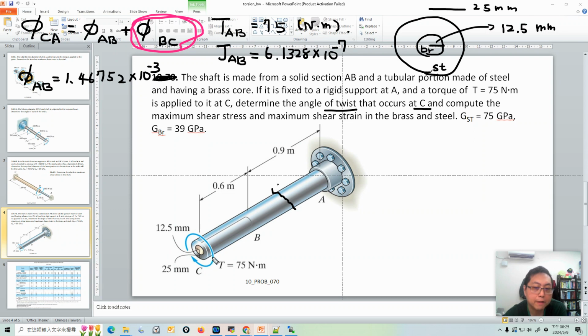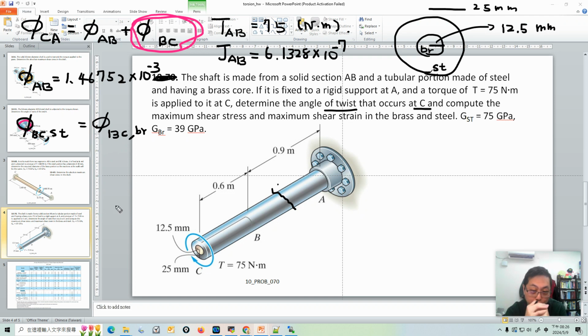Actually, the phi BC in this part: phi BC for the steel is equal to phi BC for the brass. Steel is the shell, and brass is the core.